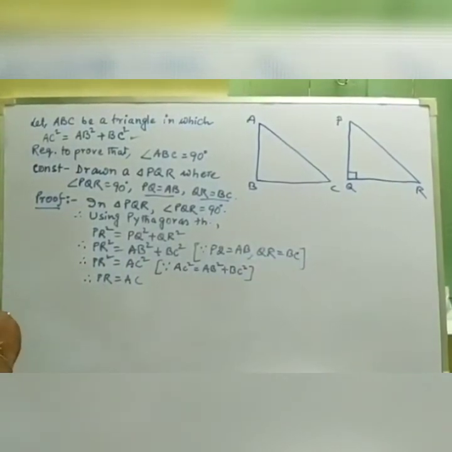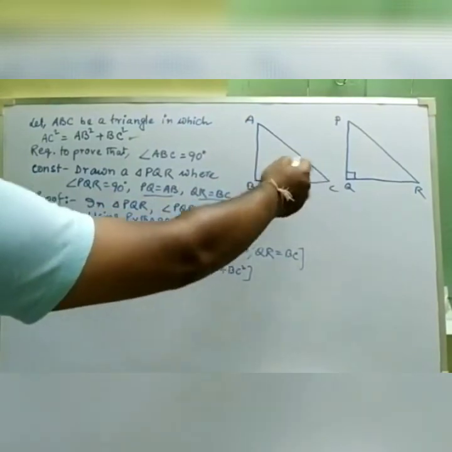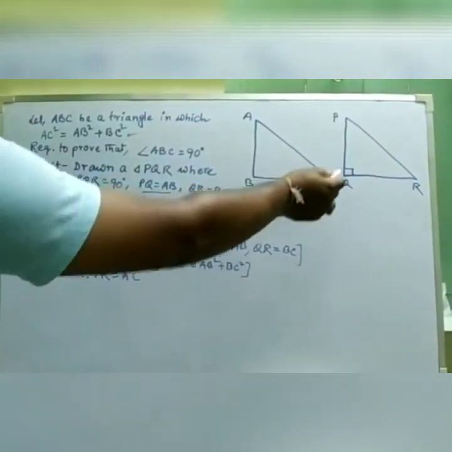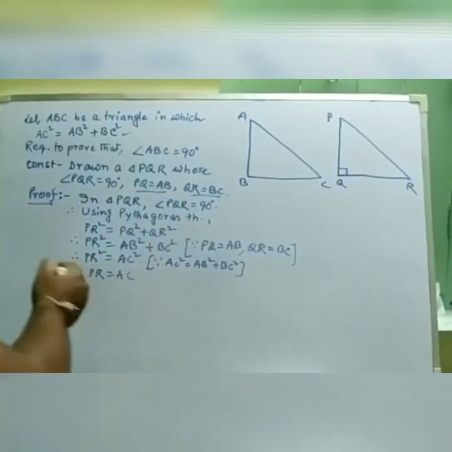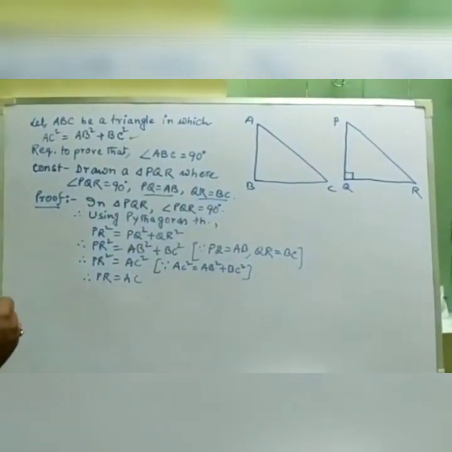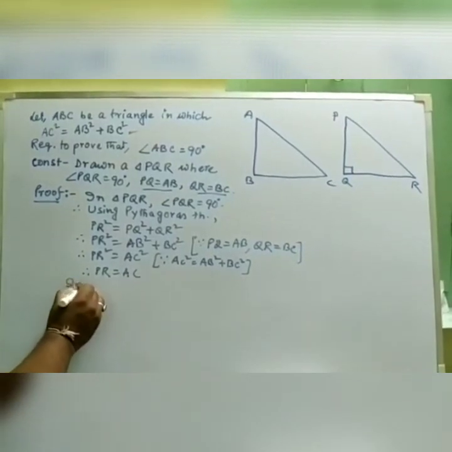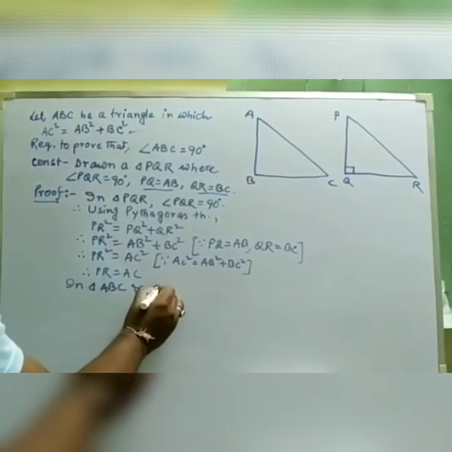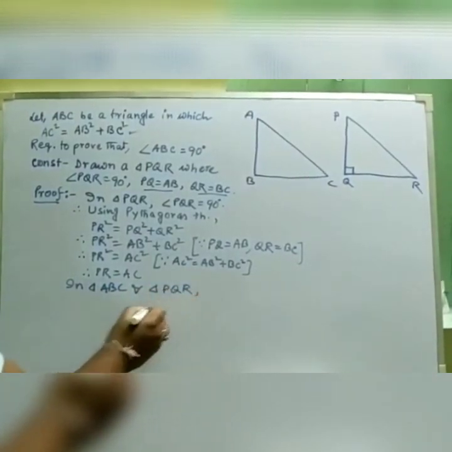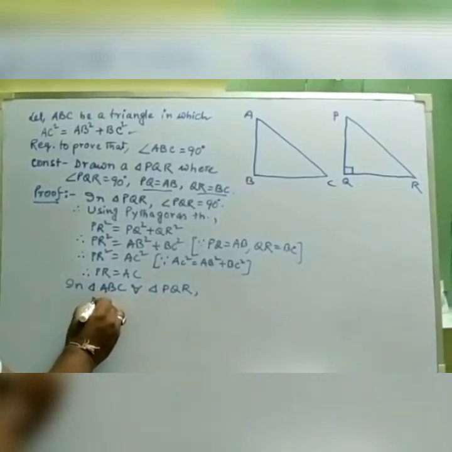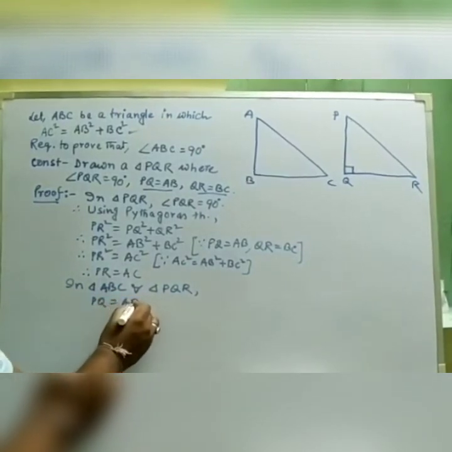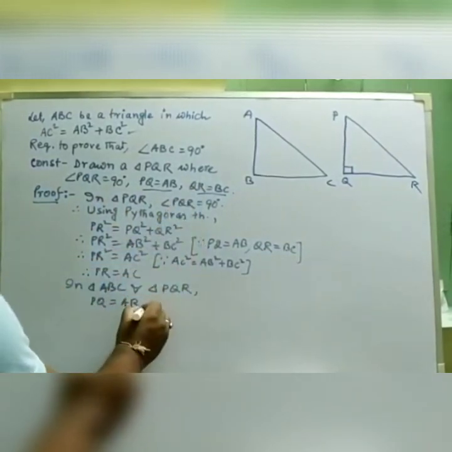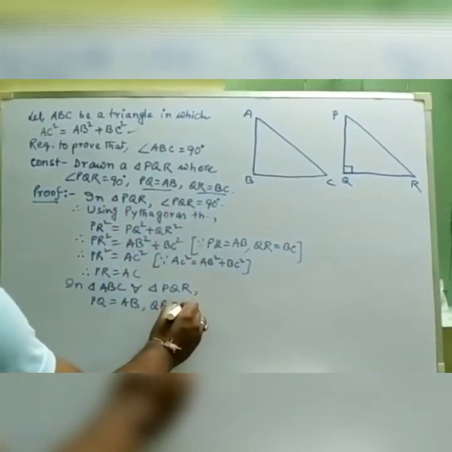Clear? So now we have to show that these two triangles are congruent. If the triangles are congruent, then the angles will be equal by CPCT. So that we are proving. In triangles ABC and PQR, we are getting PQ equals AB, QR equals BC, that's the construction, these two.